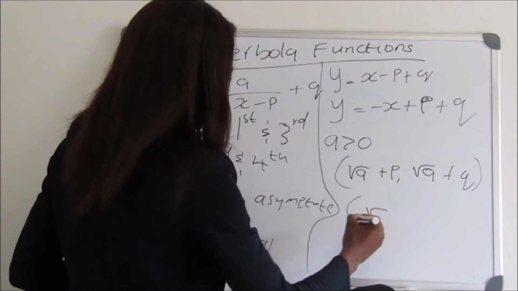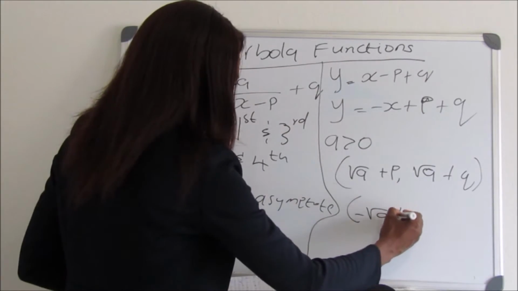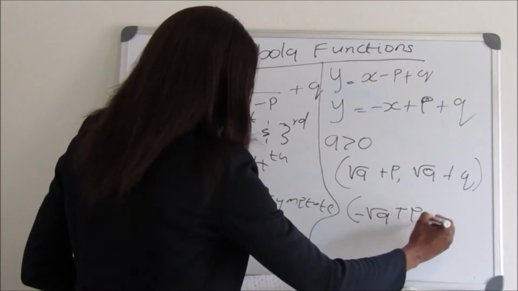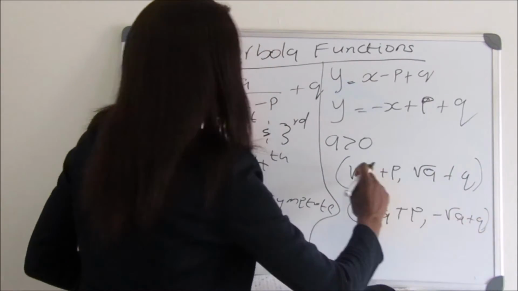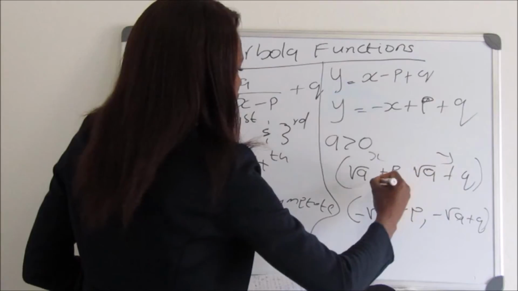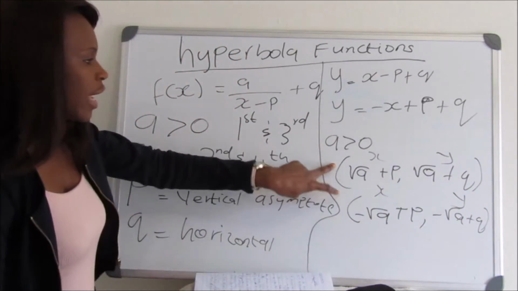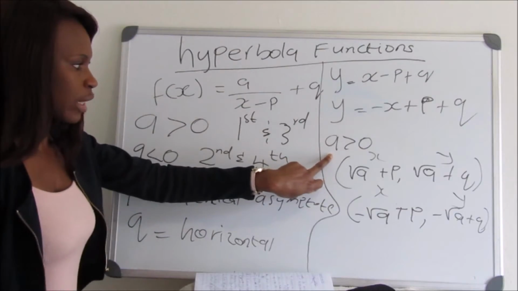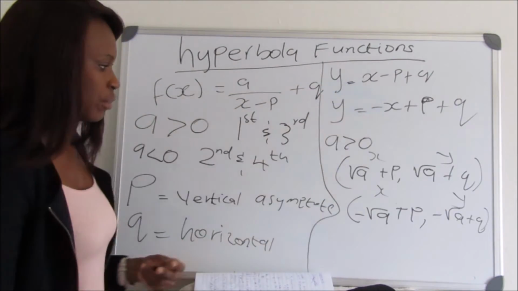Another coordinate if a is greater than 0 is negative root a plus p, and negative root a plus q. This one is your x, this one is your y. So you will have two points if your a is greater than 0, so that you can find the points for the graph on the axis of symmetry.